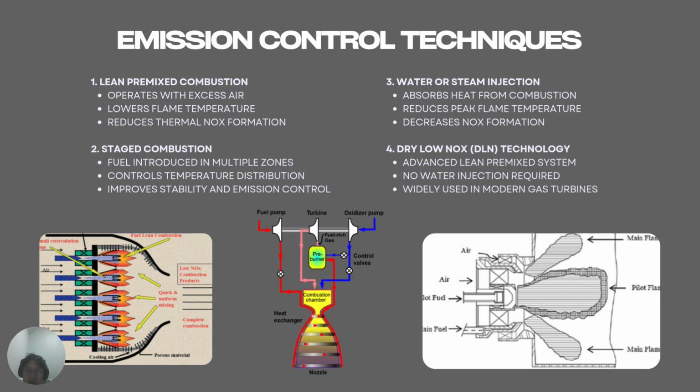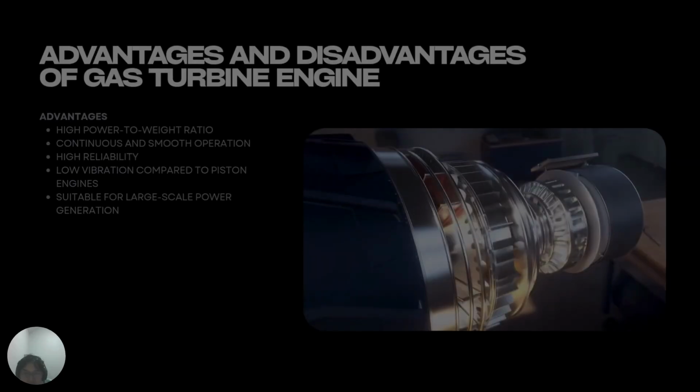The third is water or steam injection, which reduces peak temperature by absorbing heat. And the most advanced approach is dry low NOx technologies, which achieve low emissions without water injection. All these methods aim to reduce peak flame temperature while maintaining combustion stability and efficiency.